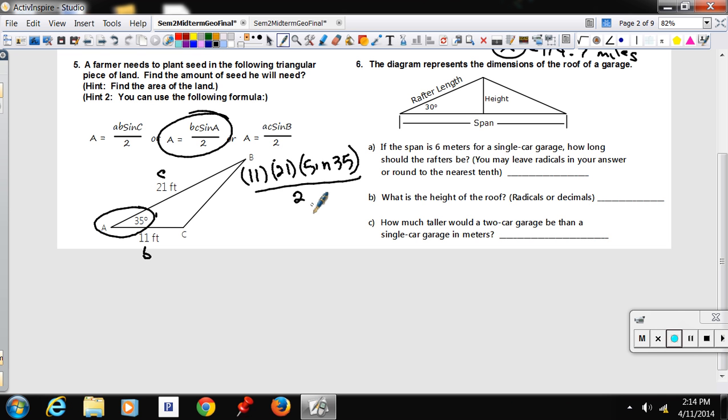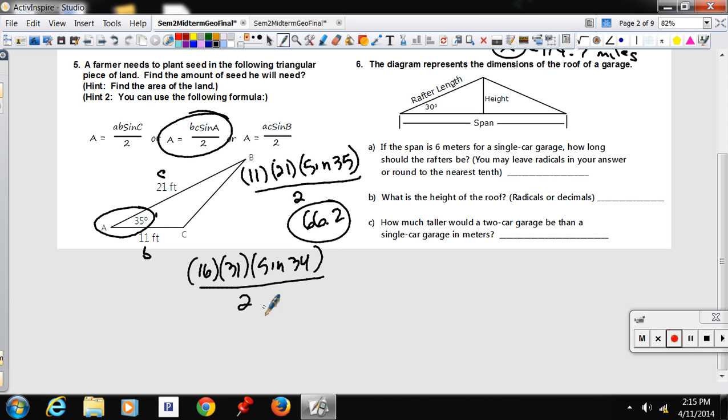If you did that one, you got 66.2. That was test A or test C. If you had test B, then this was a 16, and your little c was 31, and your sine of 34 degrees over 2, and you got 138.7. So that was your B or D answer, 138.7.